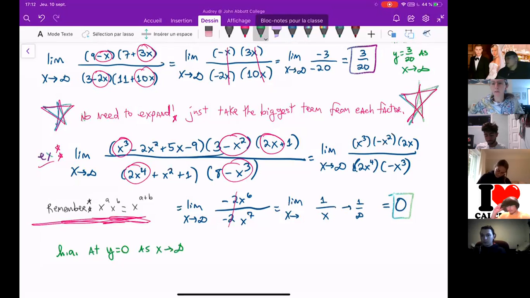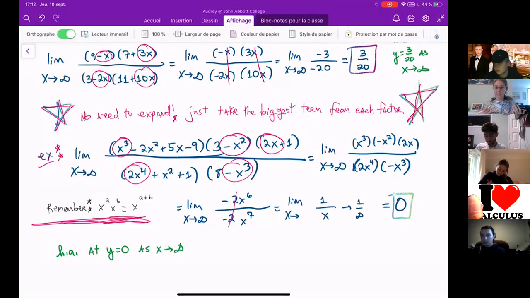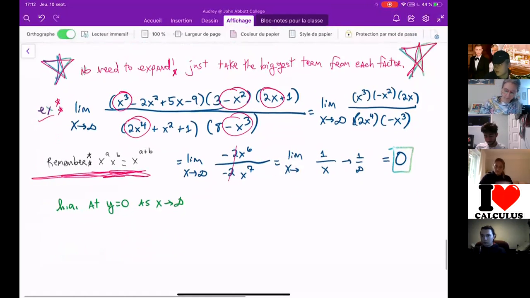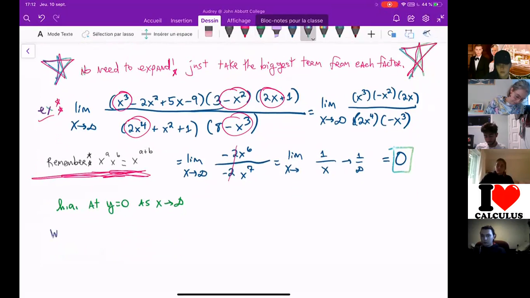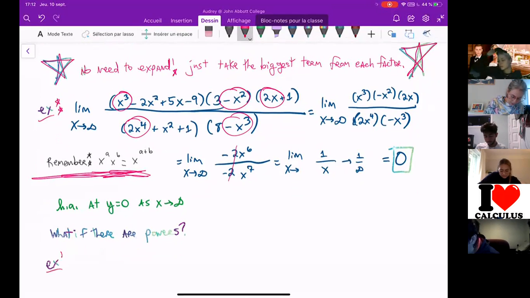All right, then, we have one last thing to talk about. And that is, what if, aside from just having multiple factors, I also have powers? So we're going to do an example of what I mean by powers.